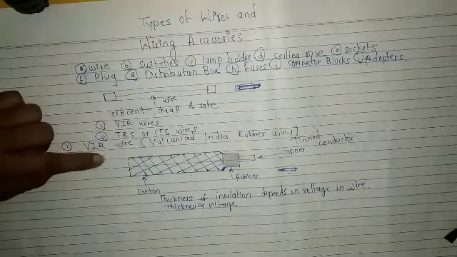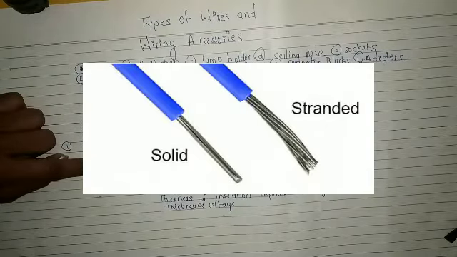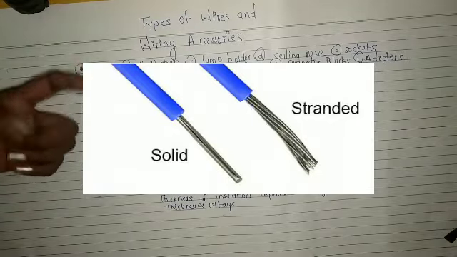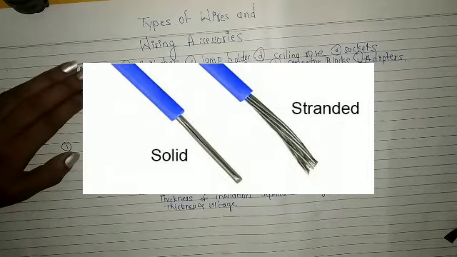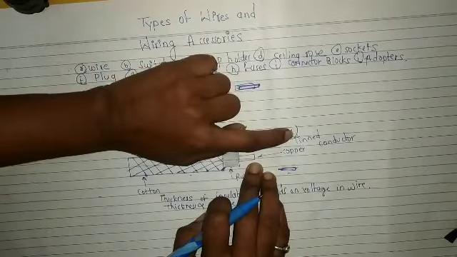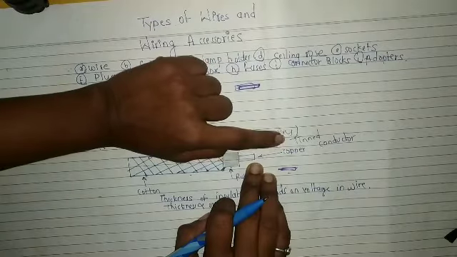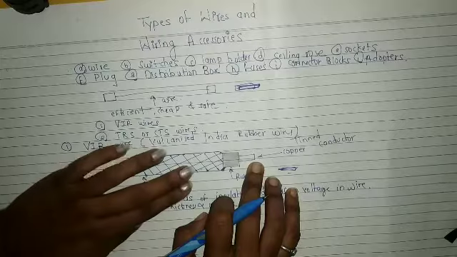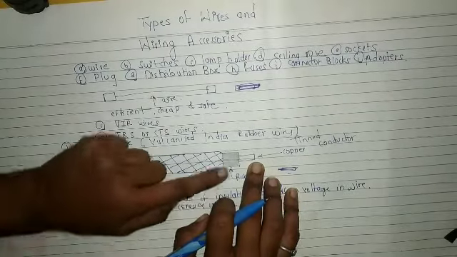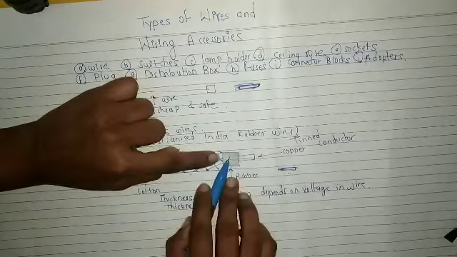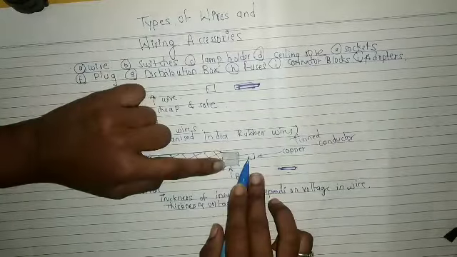Okay, wires required for a higher value of current are usually stranded wires. So for a high value of current, we use stranded wires. Due to this tinning, the copper conductor is tinned, as I said, and this provides protection against corrosion of the conductor, and also due to this tinning, rubber is prevented from sticking. That means this is our conductor and this is insulation.